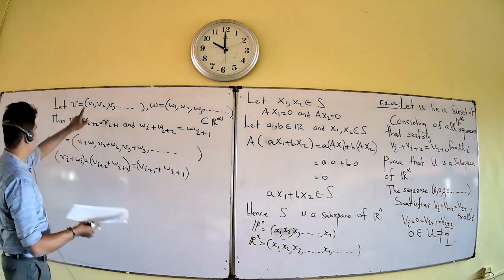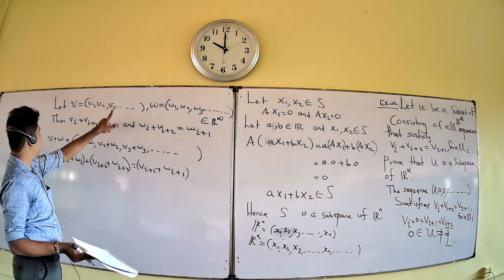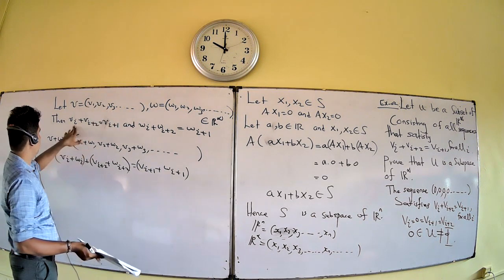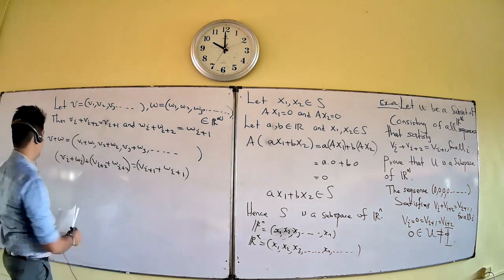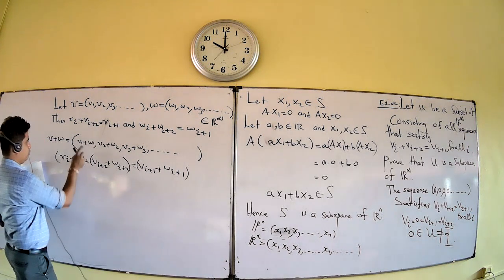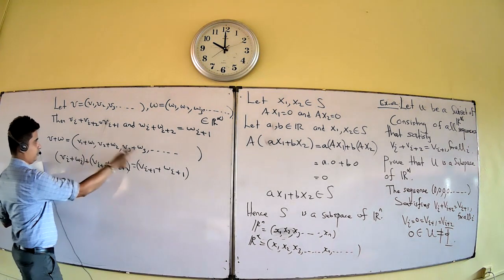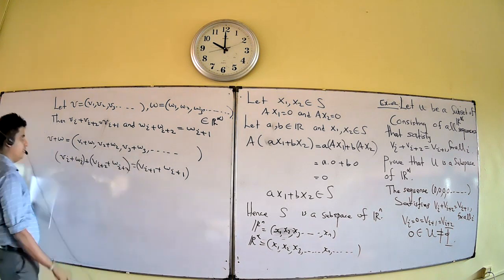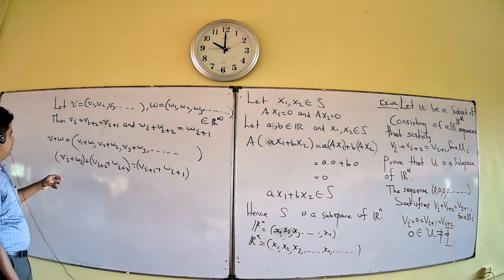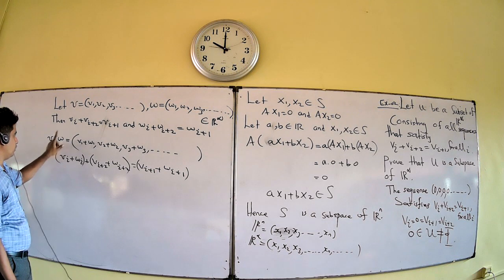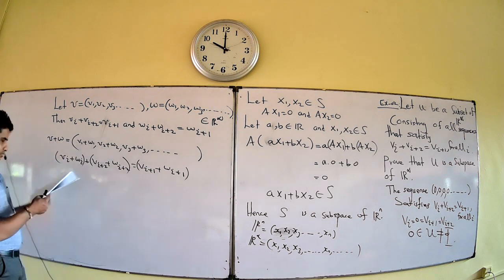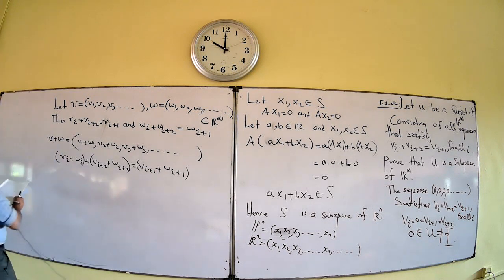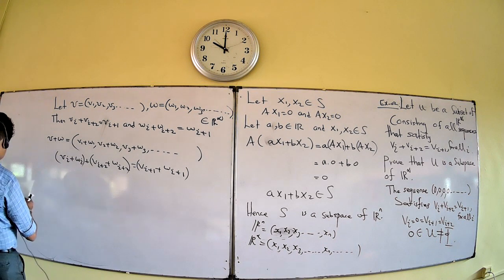This means you add these, and you get this one. Therefore, this V plus W also satisfies that condition, right?